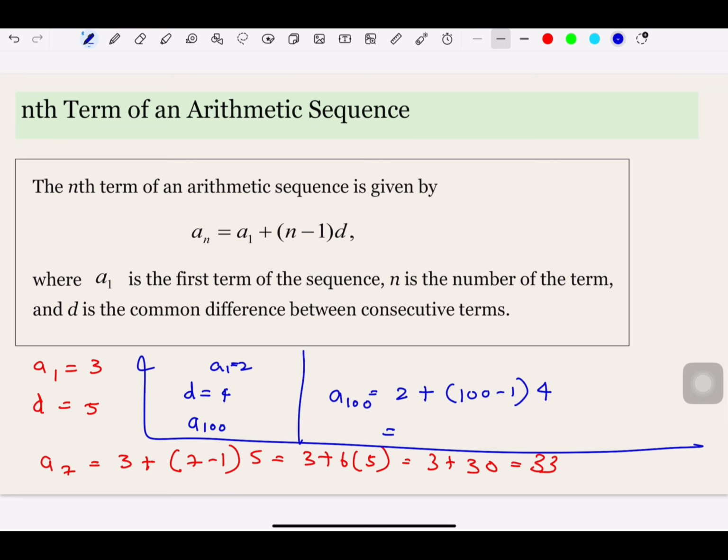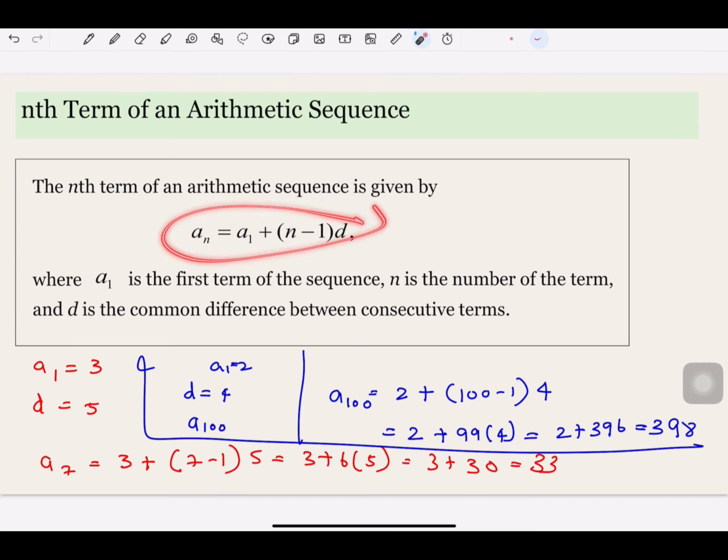If you simplify this, you'll get 2 plus 99 multiplied by 4, which is 2 plus 396. If you add this together, you'll get 398. So the 100th term is 398, and you don't need to list all 99 terms before it. You can use this formula to get the 100th term.